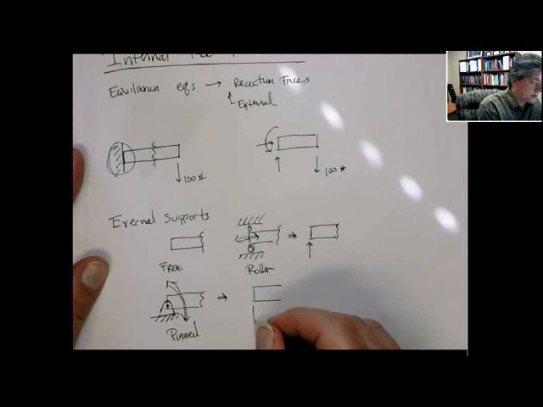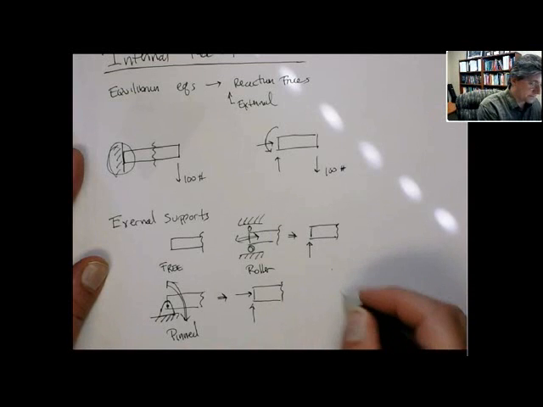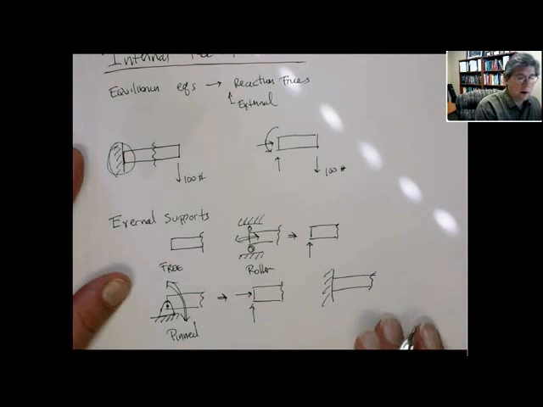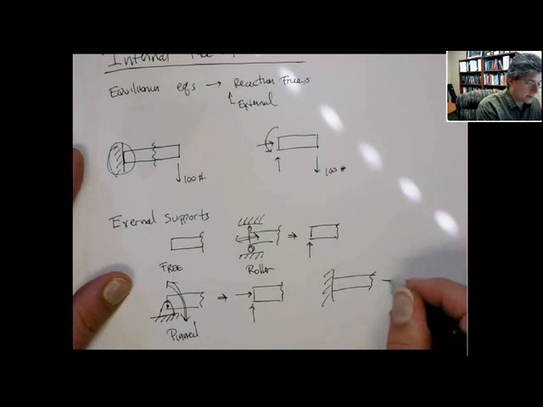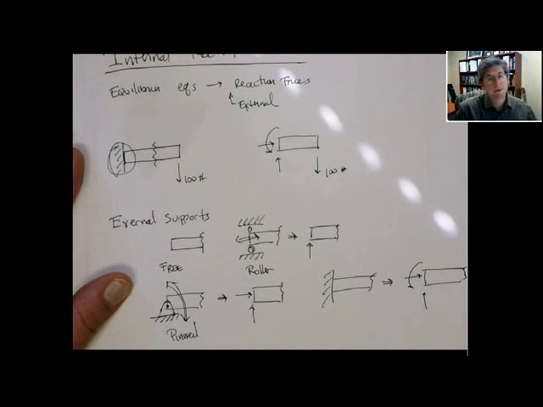This gives us both an x and a y reaction force. No moment. It's pinned. And the last one is fixed. Something like that. Where it can't translate in x or y or rotate. And this one has the reaction forces we already talked about. Both an x and a y reaction force and also a moment.